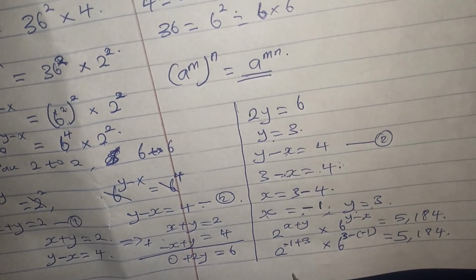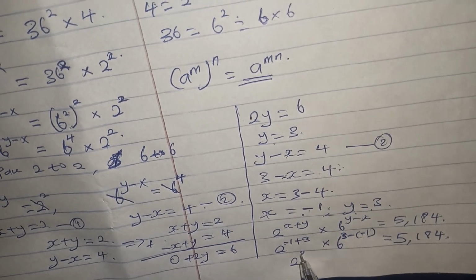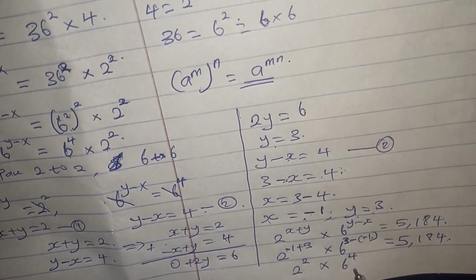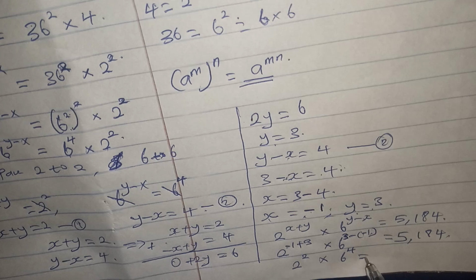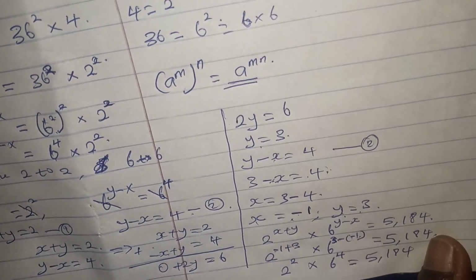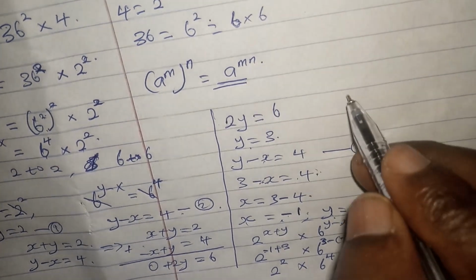So this is going to give us 2 to the power of 2 times 6 to the power of 4 equals 5,184.